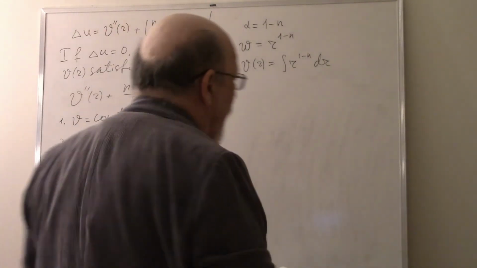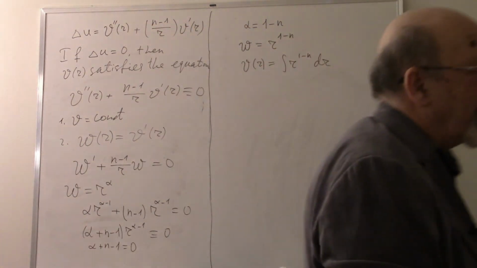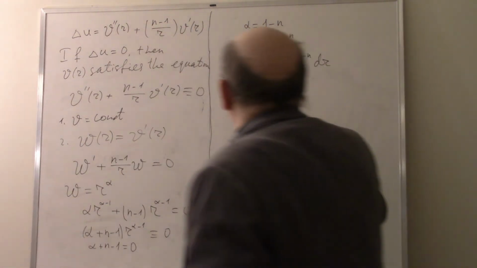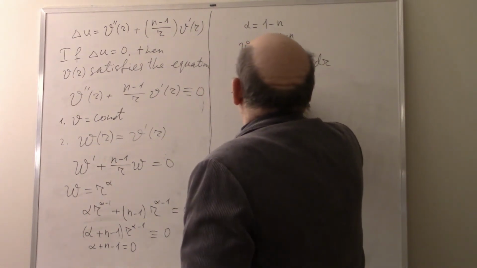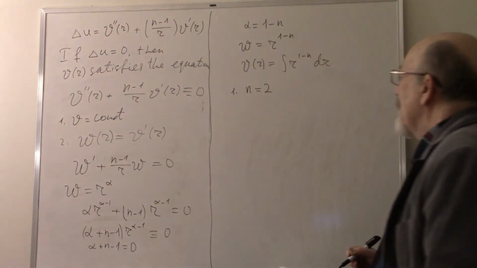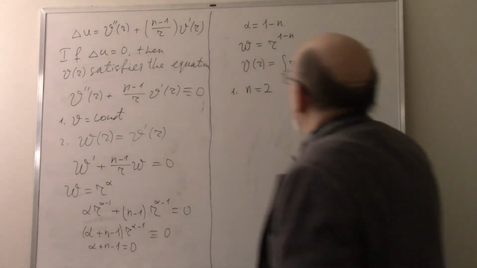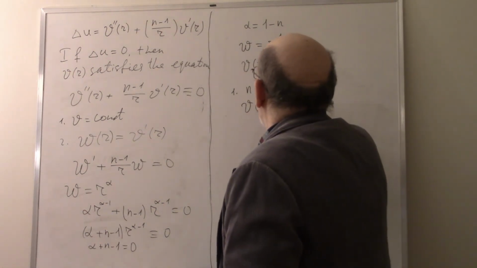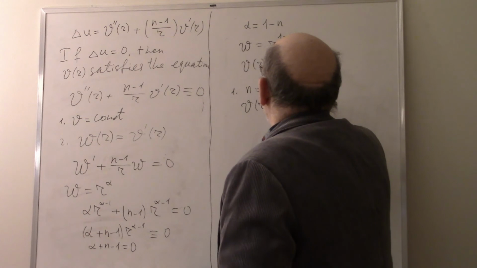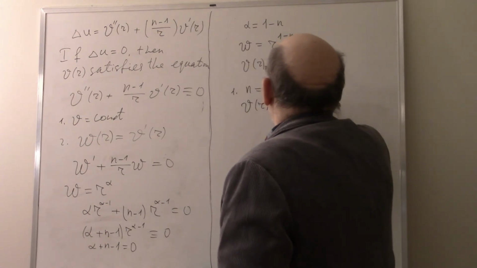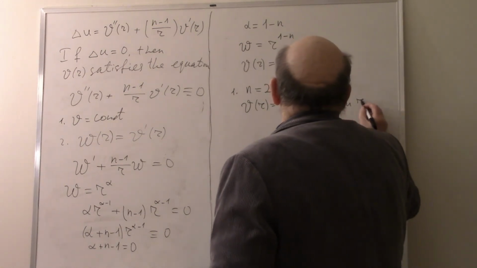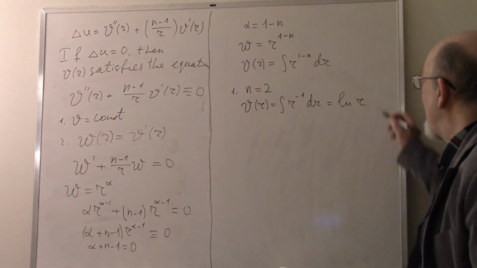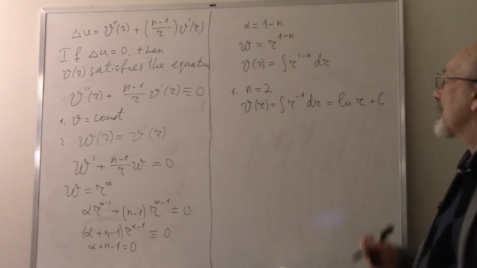And now we have two cases. The first case, n equals 2. In this case, v of r equals the integral of r to the 1 minus 2, that is r to the minus 1, dr, equals logarithm r plus c.